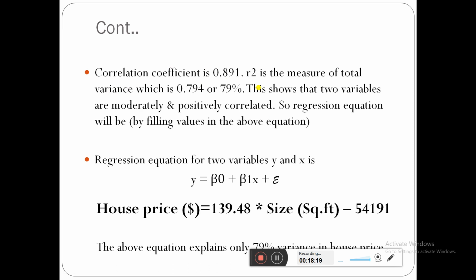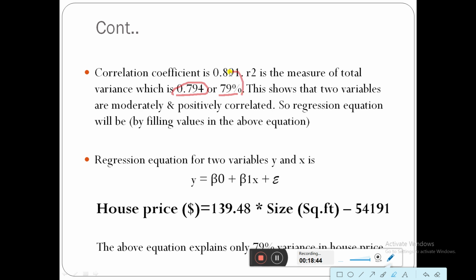R square is going to show the total variance. R square we have found is 0.794. This shows 79%.